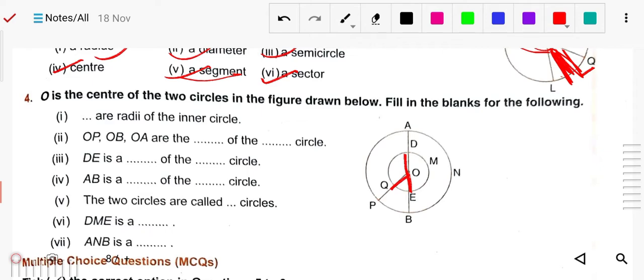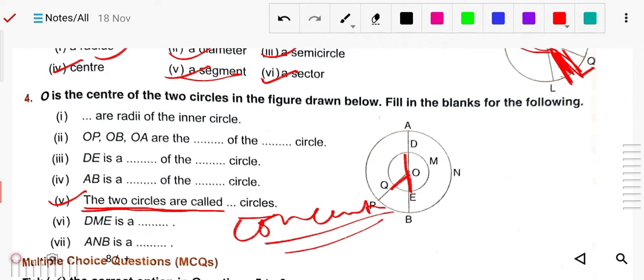Likewise you have to find out the others. Two circles are called dash circles. What are they called? They are called concentric circles, because both have the same center.